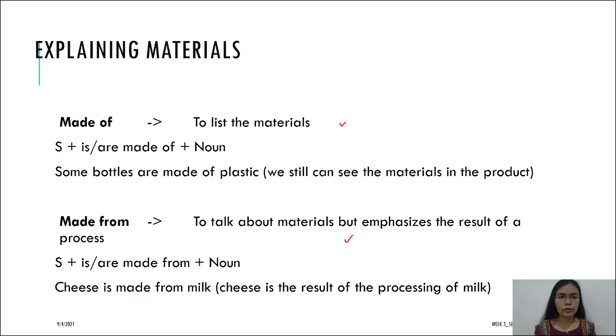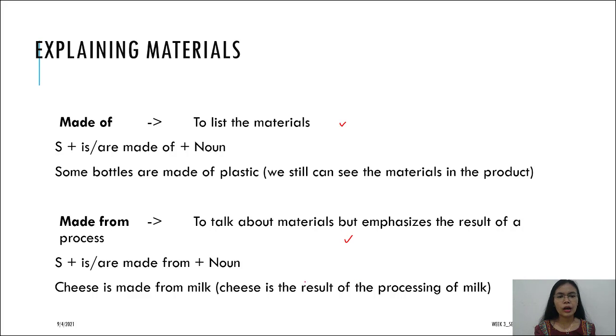While when you're using made from, you want to talk about the materials, but you want to emphasize the result of the process. For example, cheese is made from milk. So cheese is the result of the processing of milk. You don't really see the milk, like the liquid form of milk, in the cheese, but cheese is actually the result of the processing of milk.